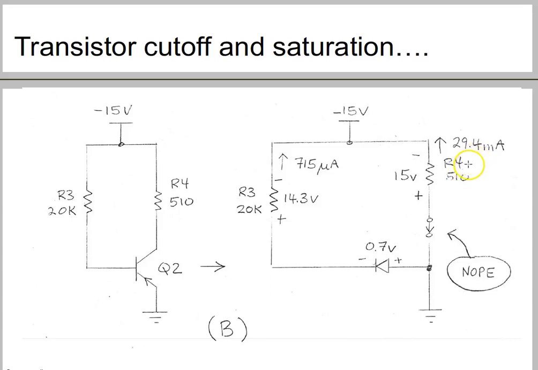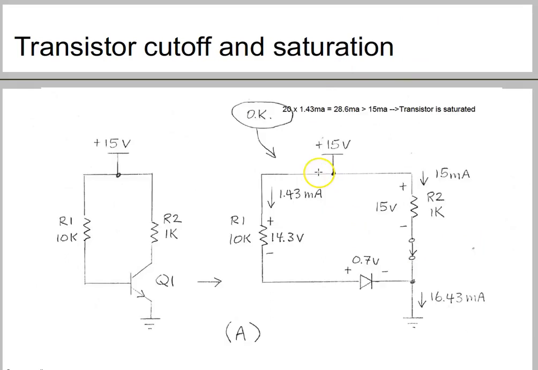To check if our transistor is saturated, we are going to multiply the gain, 20, by this base current, the way we did previously. Previously we multiplied the gain, beta, by the base current 1.43 milliamps.